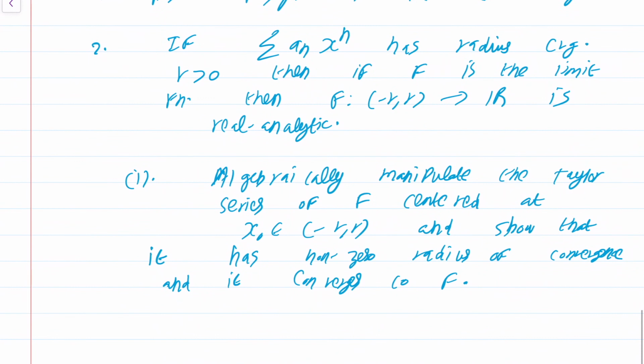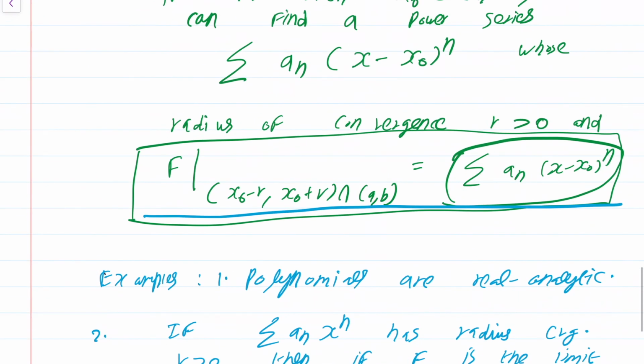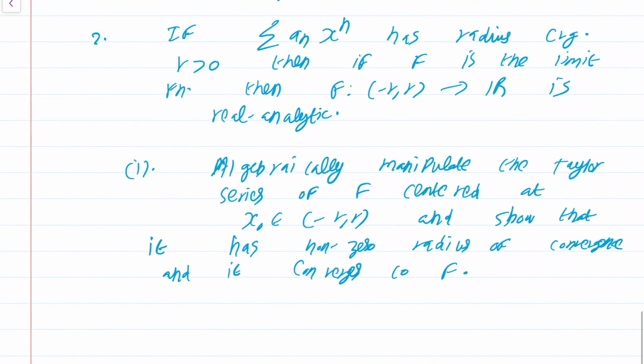We have shown this result with the power series centered at x naught, right? We have given a function f whose power series is centered at x naught and we have shown this result. Now when you take this new function f, which is defined by a power series, we now know that this power series is going to converge in minus r to r.